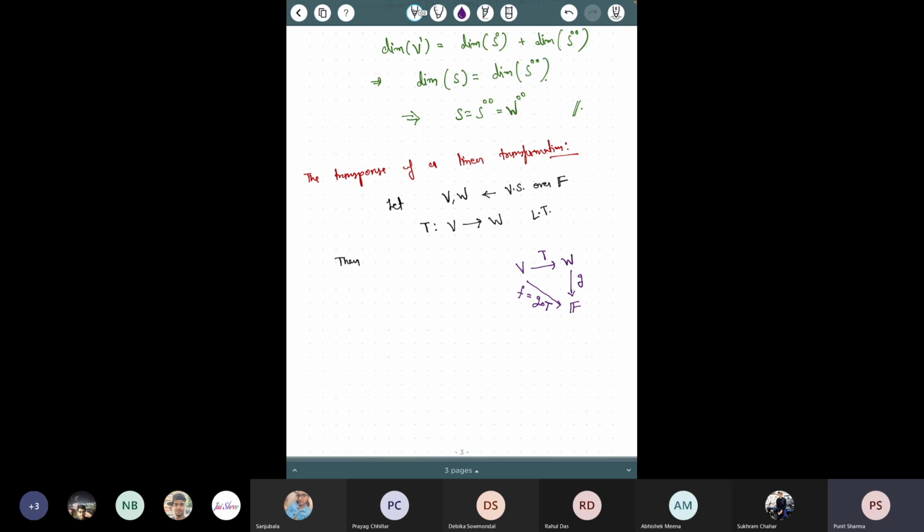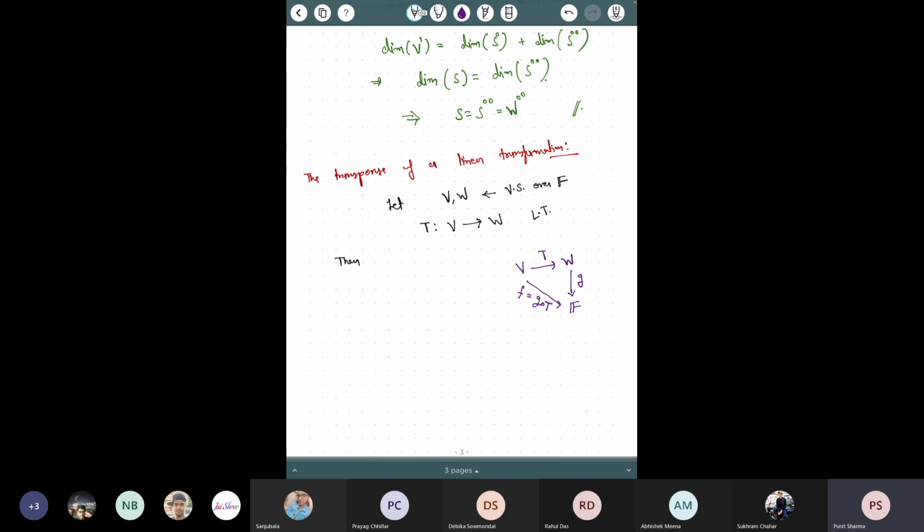Since t and g both are linear, t is a linear transformation, g is a linear functional, you can easily check that this f, the composition, is also linear. So we can always define a linear function. For every element g here, we can find an f, which is actually g composition with t.